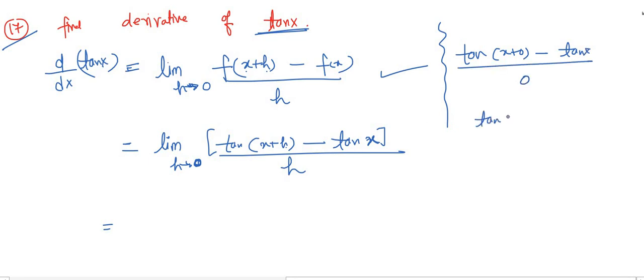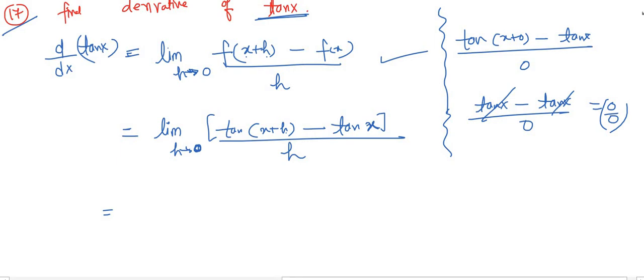So tan x minus tan x by 0, which gives 0 by 0. 0 by 0 is never accepted as an answer. It is not defined, so we have to simplify it in order to solve it. Correct? Let me show you.